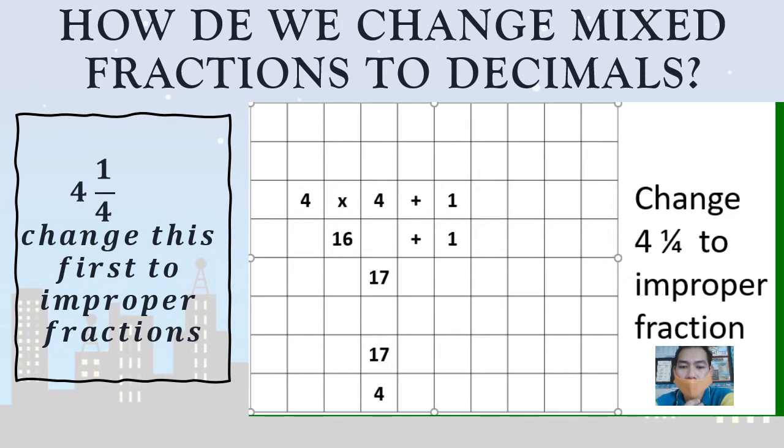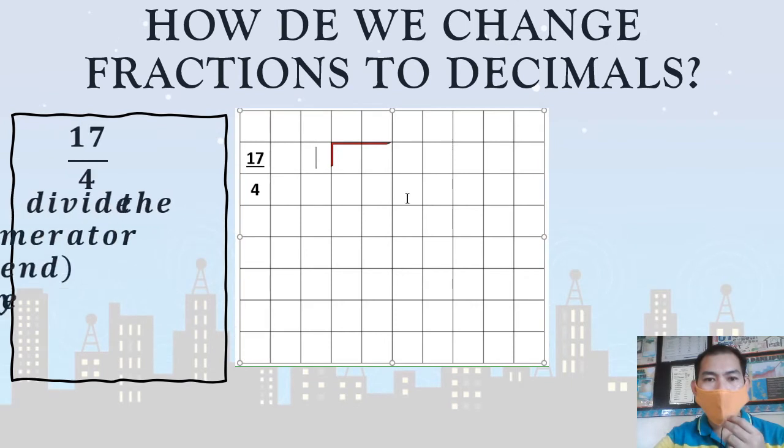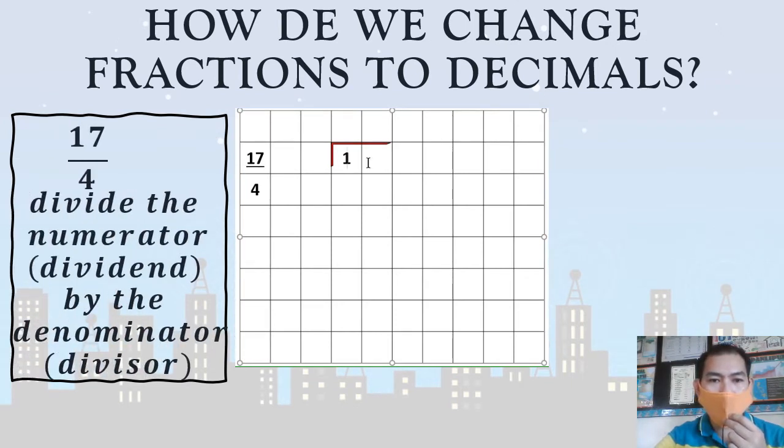So then use the denominator 4. So you will get 17 over 4. Okay, so next. So you can divide the numerator by the denominator. So the numerator is always inside of that long division sign.